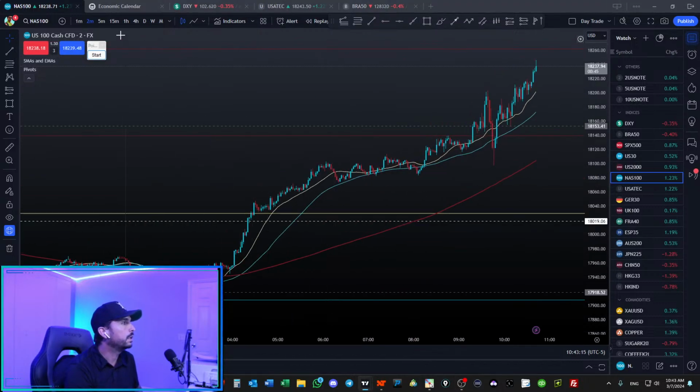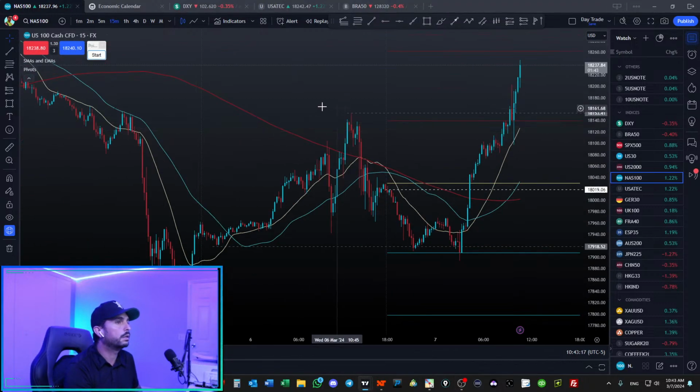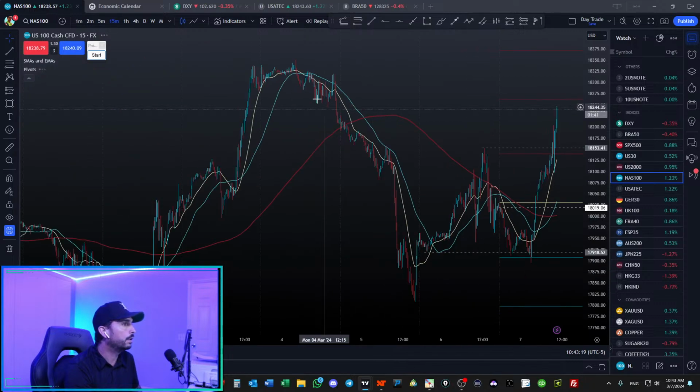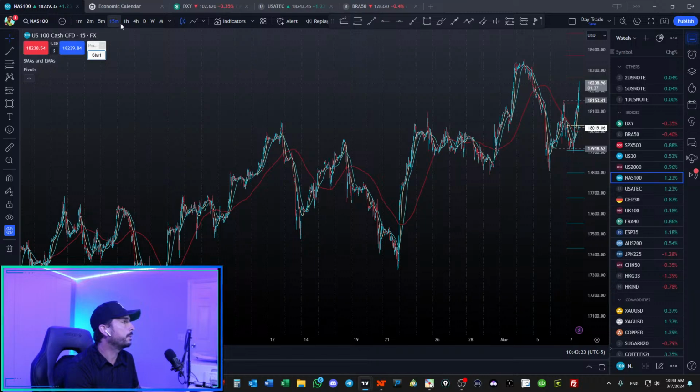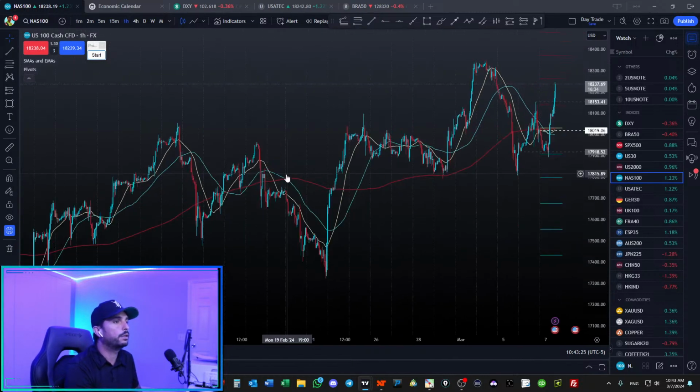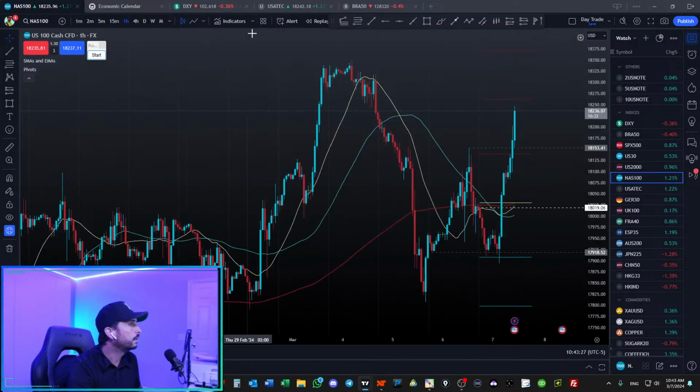Oh, that's the next pivot, the all-time high. We don't have the all-time high on this chart. We did it on the other one, so let's put it on.